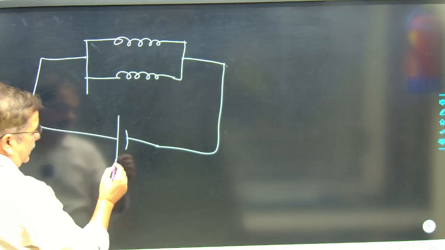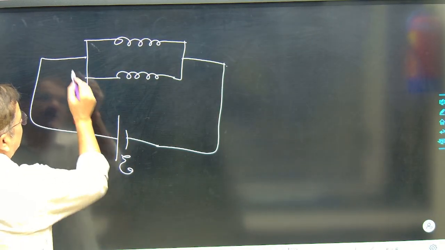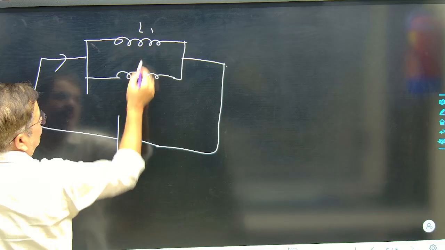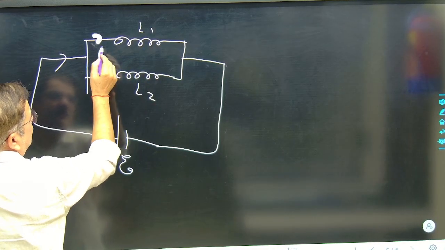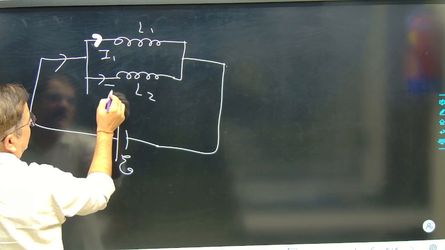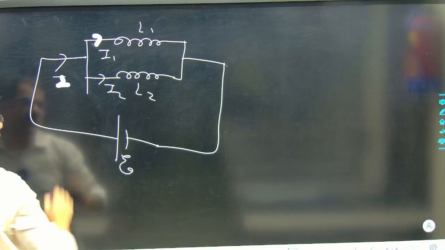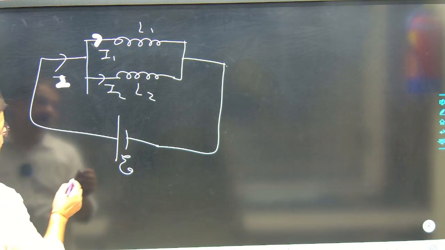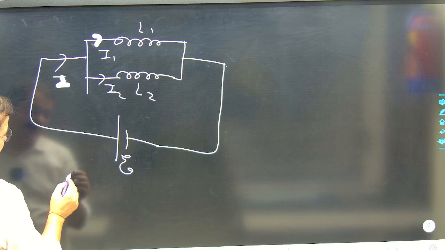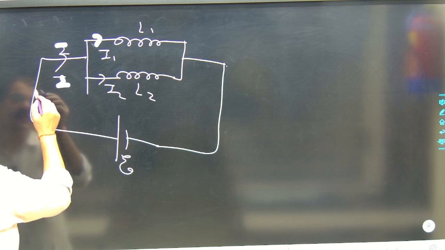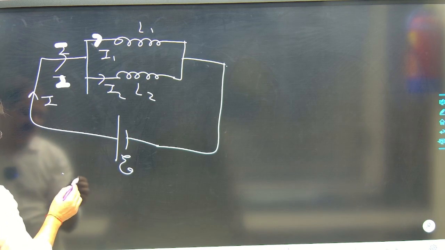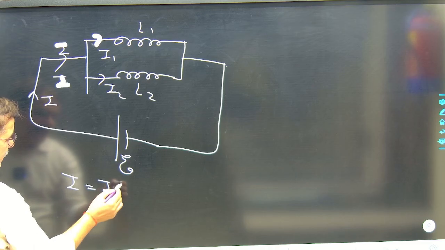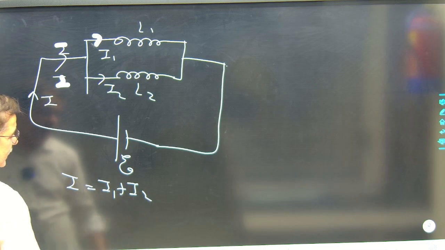Now this battery of EMF E is coming here, passing through the two inductors L1, L2. So current here will be I1, here current is I2 and total current is I. Now in parallel combination, we know the total current gets divided. I is equal to I1 plus I2.